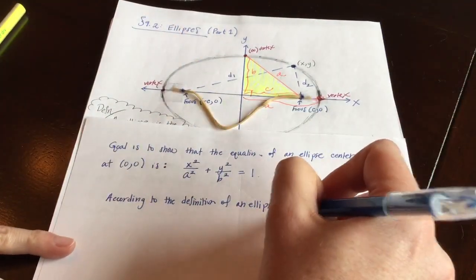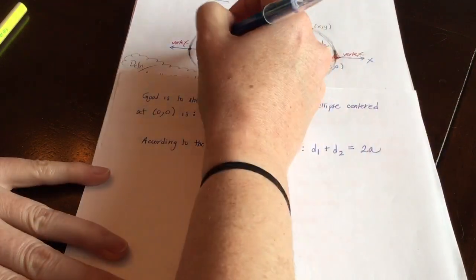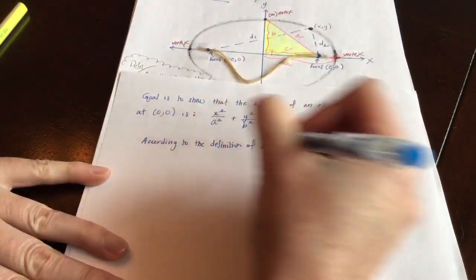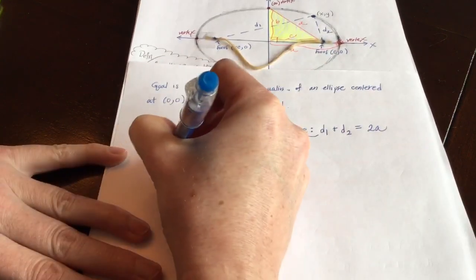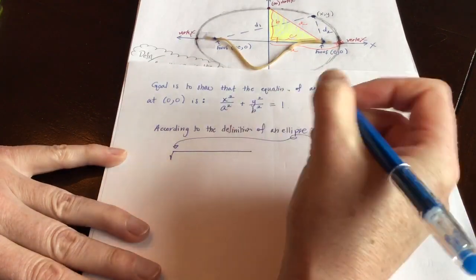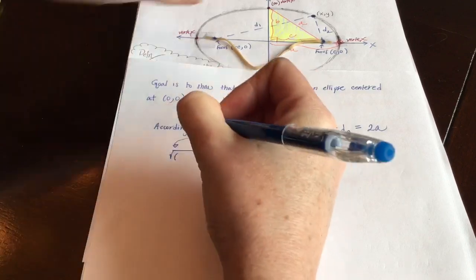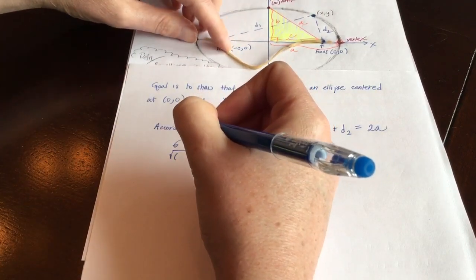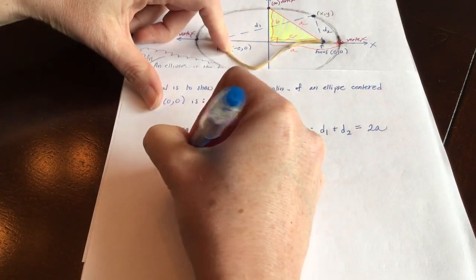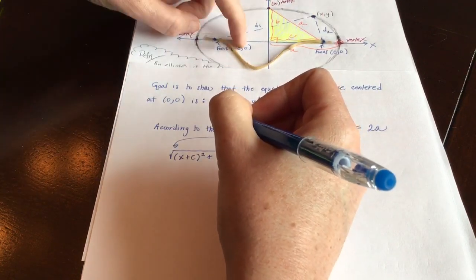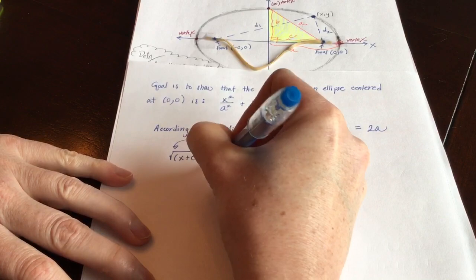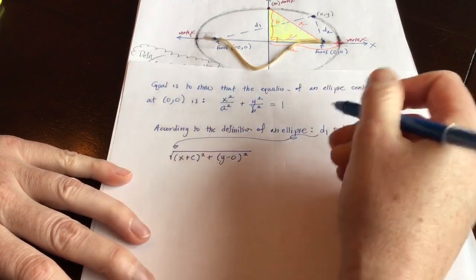So let's use the distance formula and get an expression for this distance right here. So distance 1 would be the square root of (x minus negative c, or x plus c) squared, plus (y minus 0) squared.